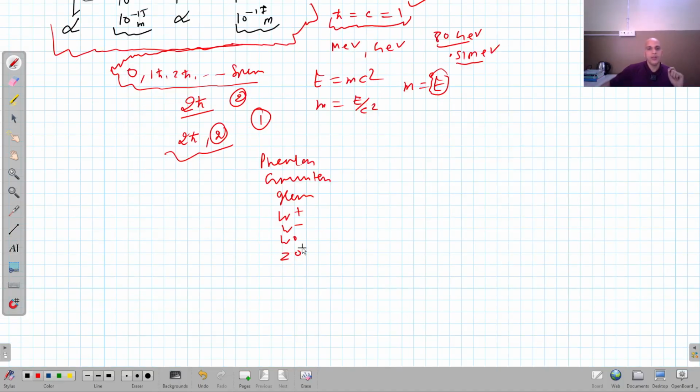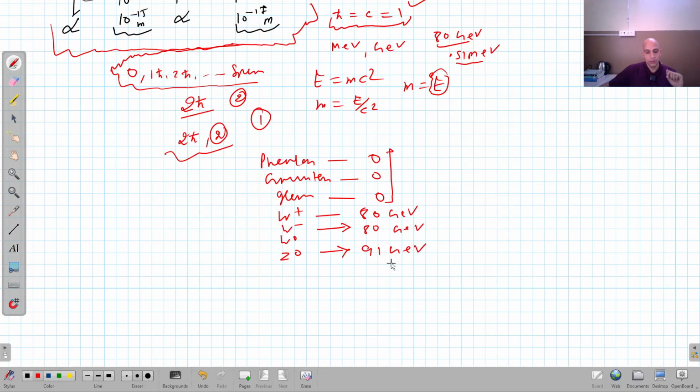We know very well that the rest mass of the photon is equal to 0, the rest mass of gluon is also 0, and the graviton's rest mass is also 0. But W positive has mass approximately 80 giga electron volt, W negative has approximately again 80 giga electron volt, whereas Z has approximately 91 giga electron volt.